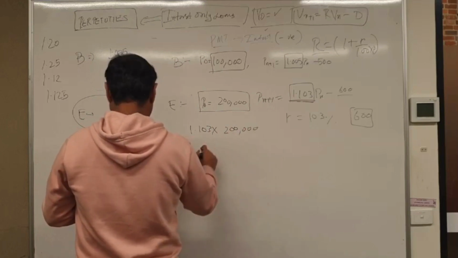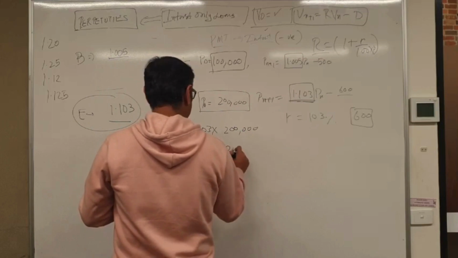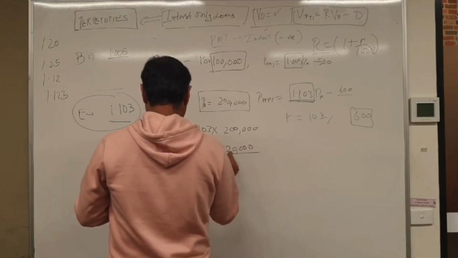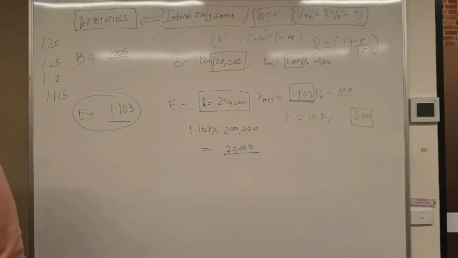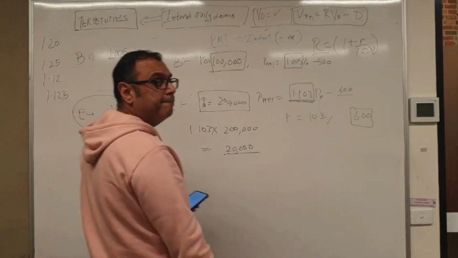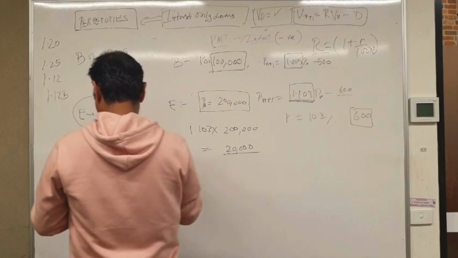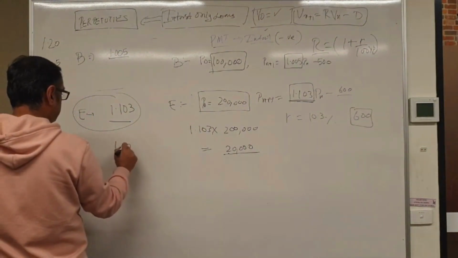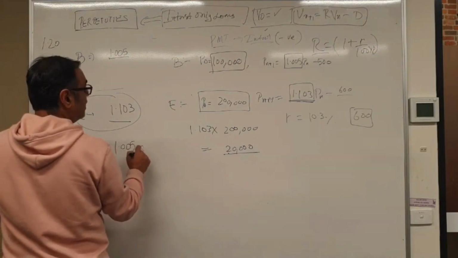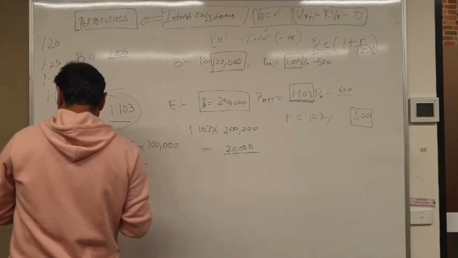you get 20,000. Whereas if you do 1.005 times 100,000, what do you get?